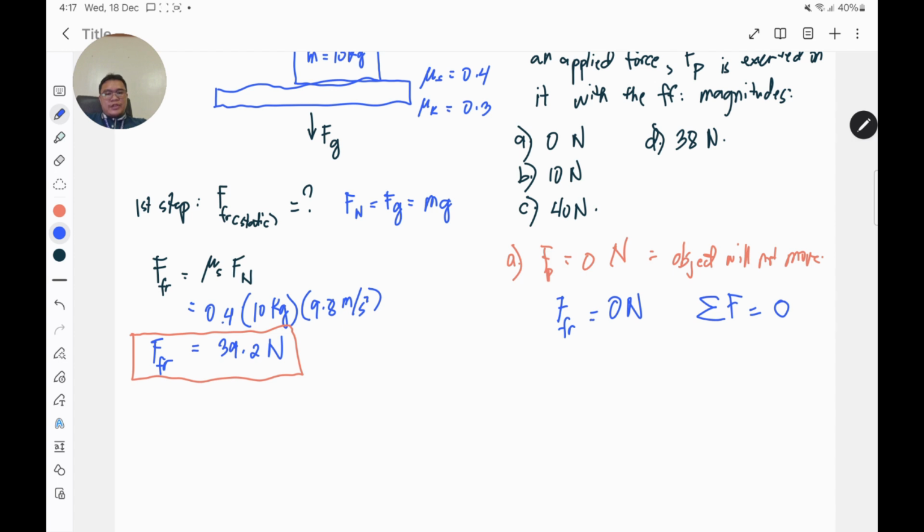So therefore, since 0 newton is applied, our frictional force should also be 0 newton. Sorry for that. Okay, so let's now have letter B.